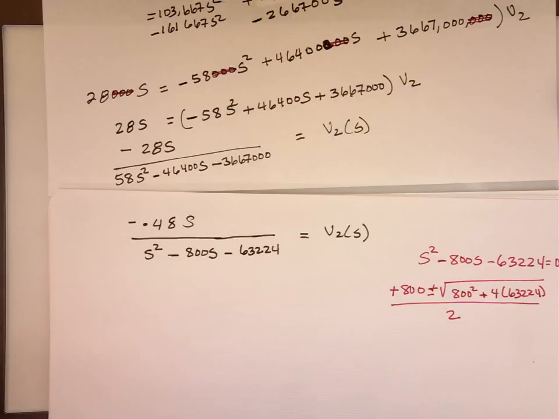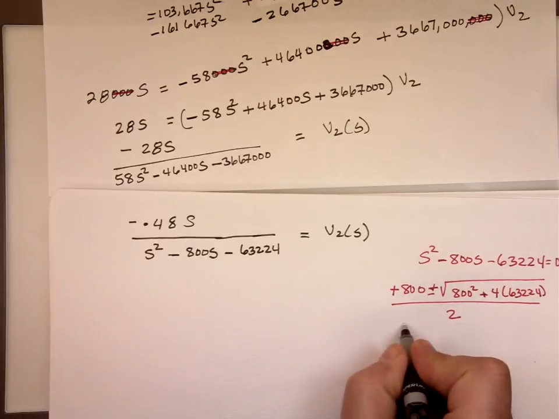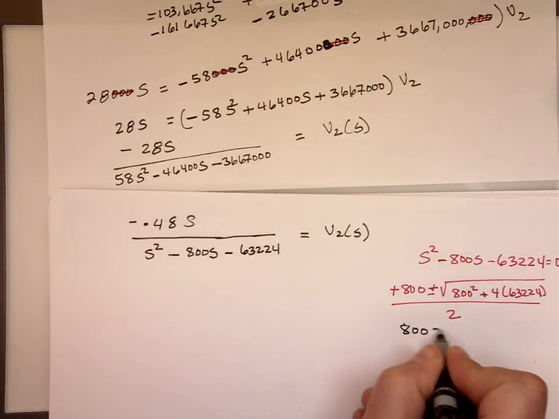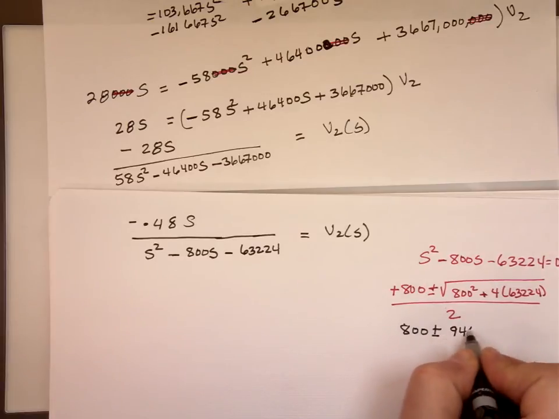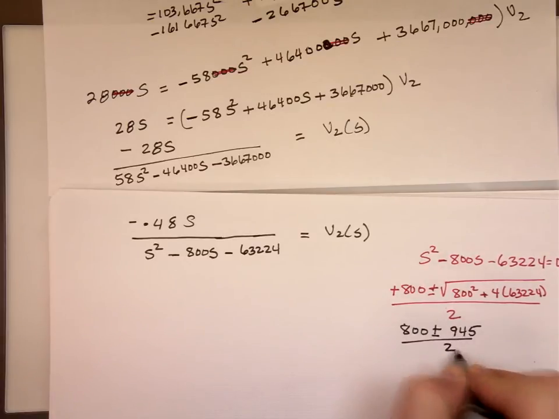So it's 800 plus or minus the square root of 945 roughly, divided by 2. Approximately 945. Yeah. So 800 minus 945 is negative 145 divided by 2. So one answer is negative 72.5.